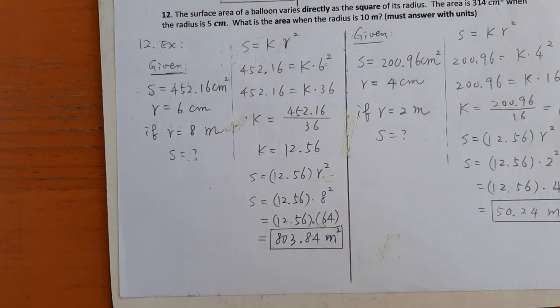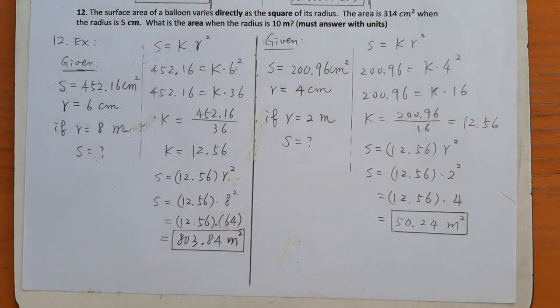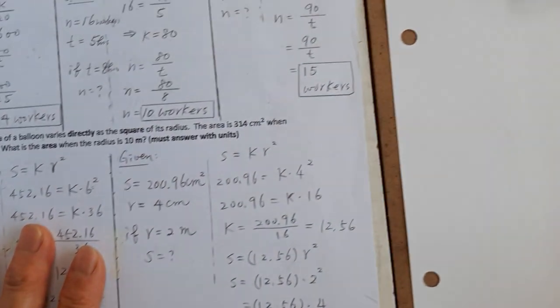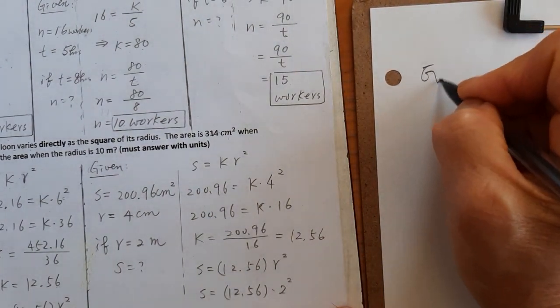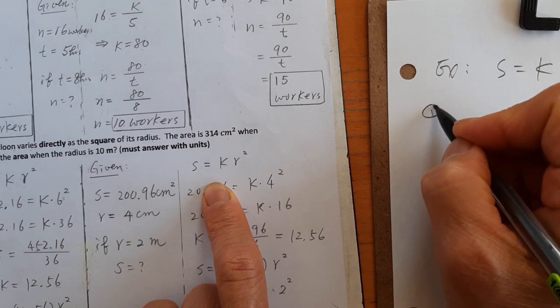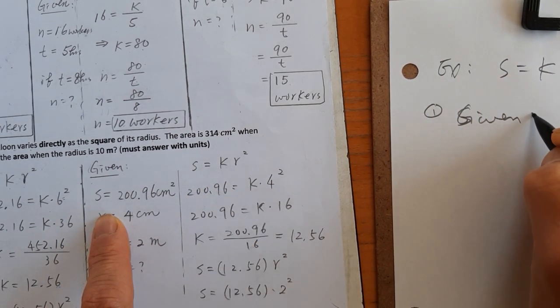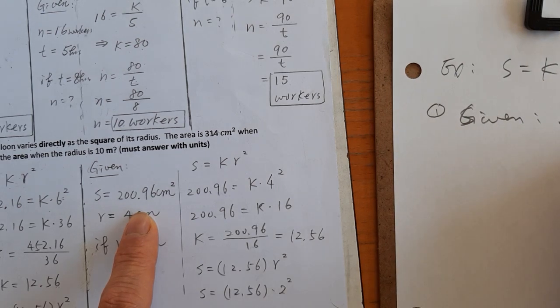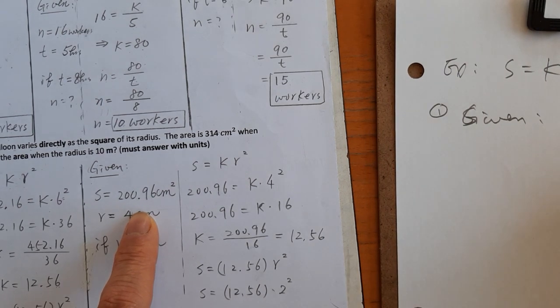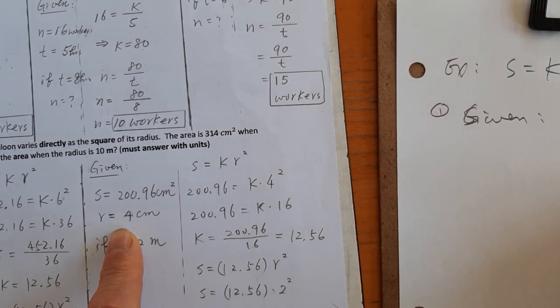It's different. And another question 12, another example. First of all, S equals K R squared. From the given condition, the area is 200.96 centimeters squared and R equals 4 centimeters.